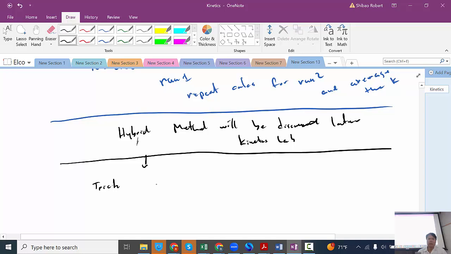What is that trick? Well, if we go to the kinetics lab, the rate is going to equal K times the crystal violet concentration to the M and the hydroxide concentration to the N. We have two reactants here. The two reactants are crystal violet ion plus hydroxide ion, and then made crystal violet hydroxide.